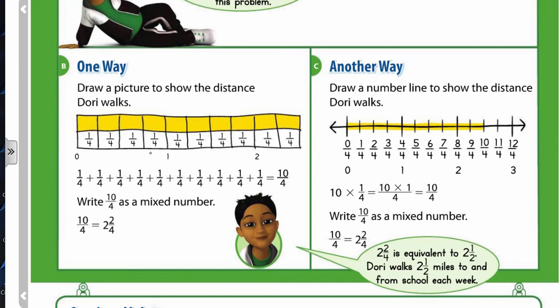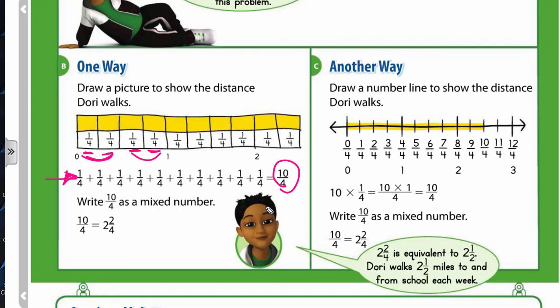So 5 days, and each day 1/4 to school, 1/4 from school. So these 2/4 for the first day, another 2/4 for the second day. How many fourths are here? 10. Great. So as you can see here, my heroes, in this line we have 10 fourths.